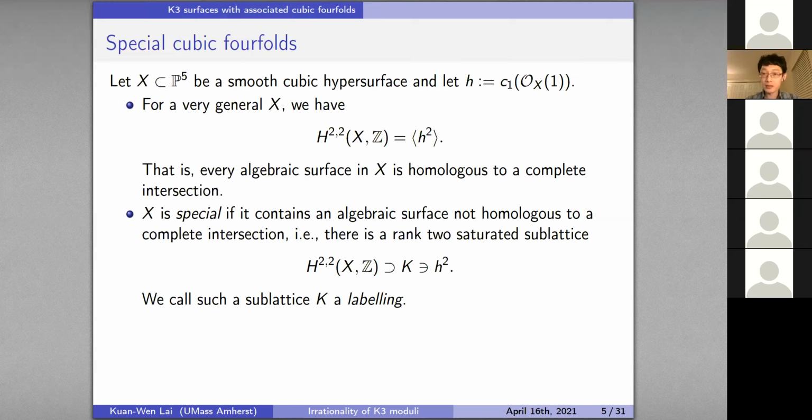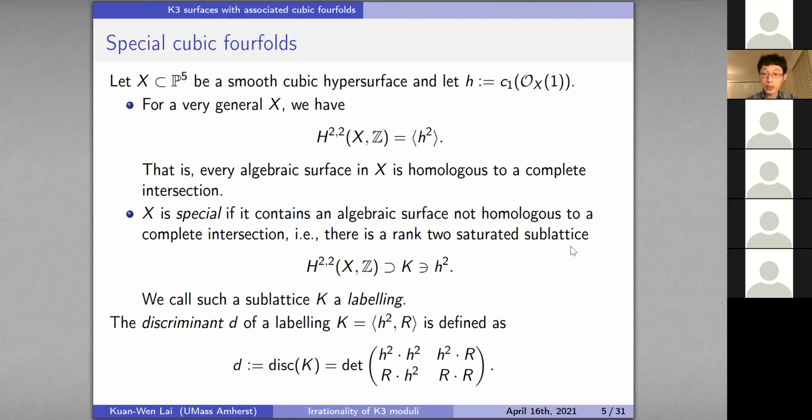So X is special if it contains a labeling. Given a labeling, we can define its discriminant, which is simply the discriminant of it as a lattice, or the determinant of the matrix formed by intersections of its two generators.